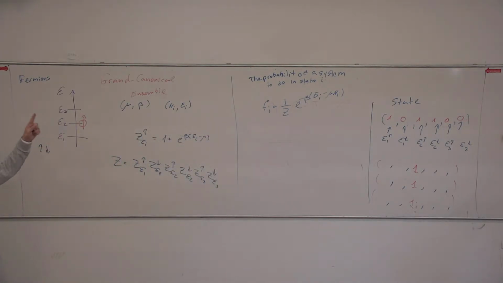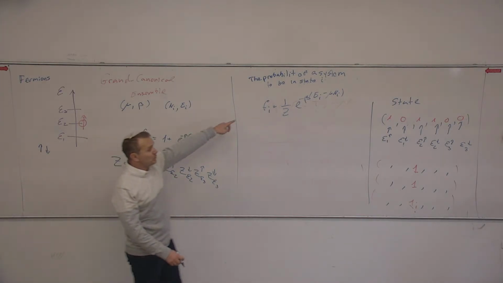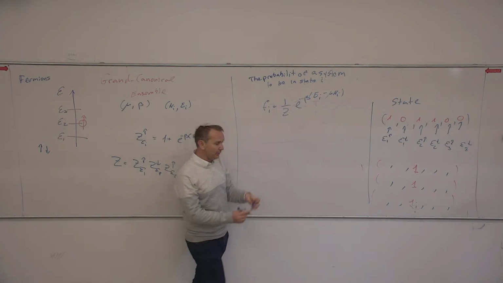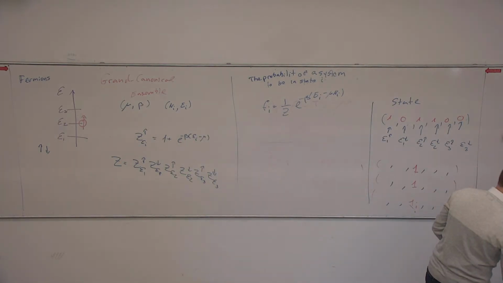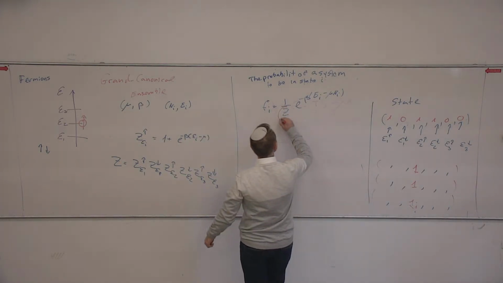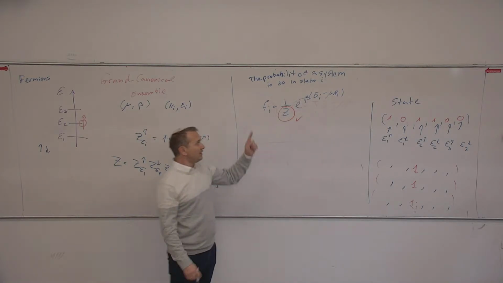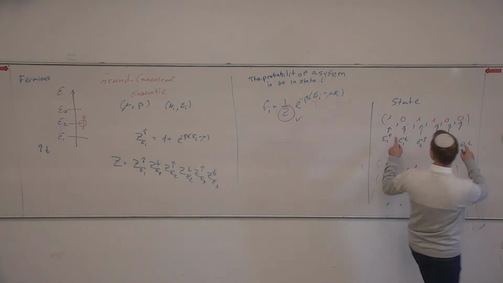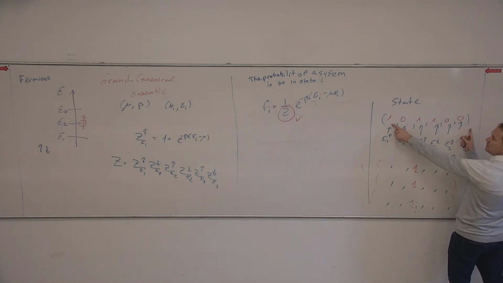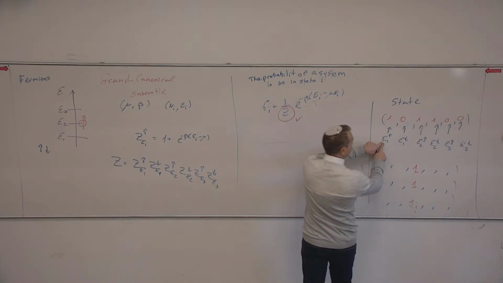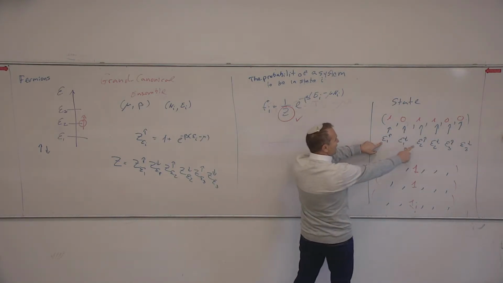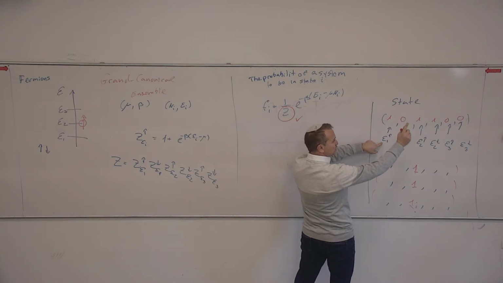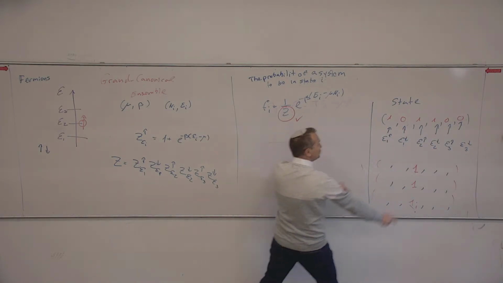So I know how to compute probabilities and the occupation probability by computing those quantities. I know what Z is, and I also know E i. Why? Because I look at the state, for example this one, and ask what the energy of this state is. I have epsilon 1 with contribution 1, epsilon 2 with contribution 2, and epsilon 3 with contribution 0.